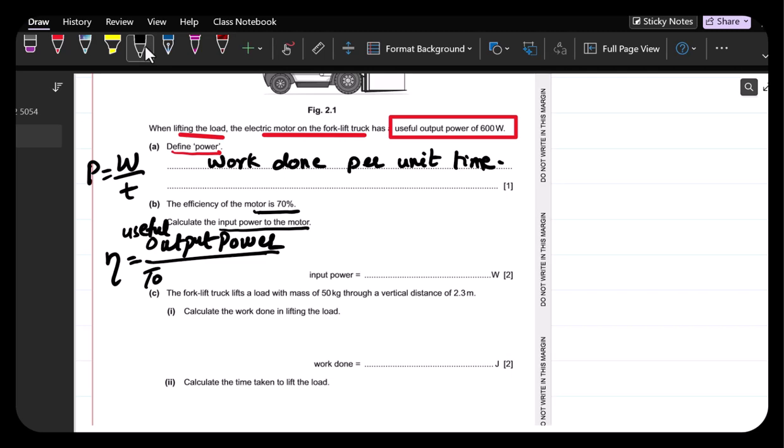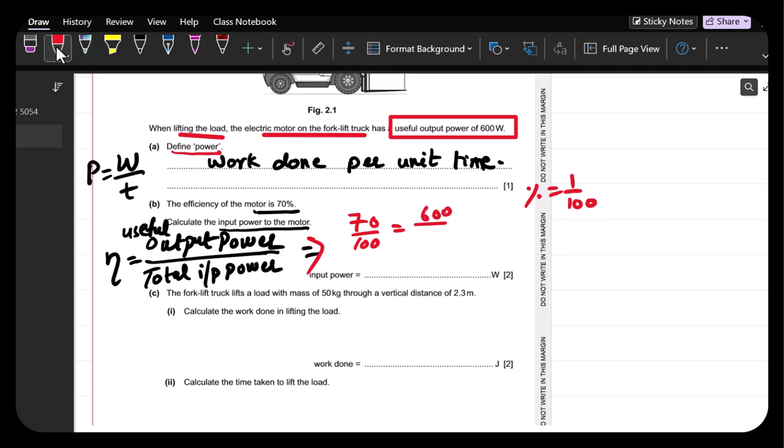Sometimes we have to be very careful because wasted power is given, so we have to find the useful one. So it will be 70 divided by 100, because percent is over 100, which is equal to 600 watt divided by input power. I am writing P in for input power.